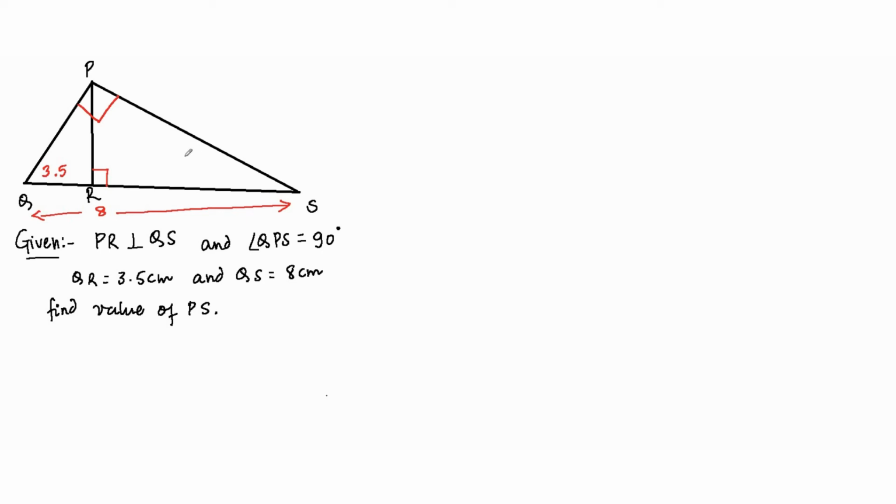If I want to find the length of PS, if you remember, this is a typical question where you have a right angle triangle within a right angle triangle. If I want to find the length of PS, what I will do is, I will take the complete triangle and triangle PRS for similarity. So let's consider these two triangles for similarity.